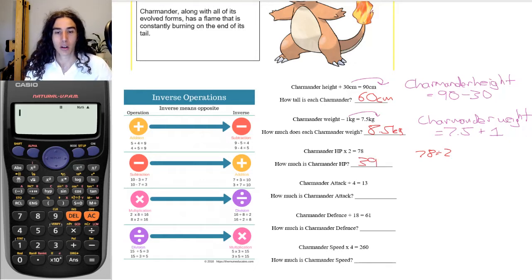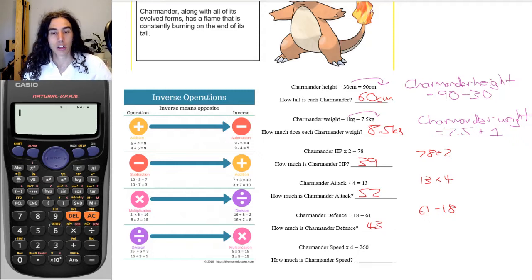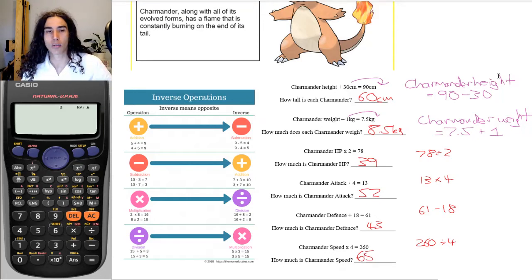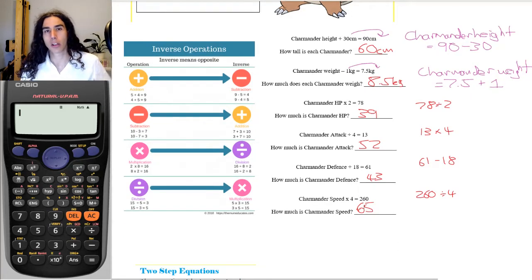This one, divide by 4, opposite, times by 4, 52. 8 plus 18, you do the opposite, so it's take away 18, and you get 43. Times by 4, divide by 4, 65. So those are your answers for the height here. I'm going to scroll down at 3, 2, 1.